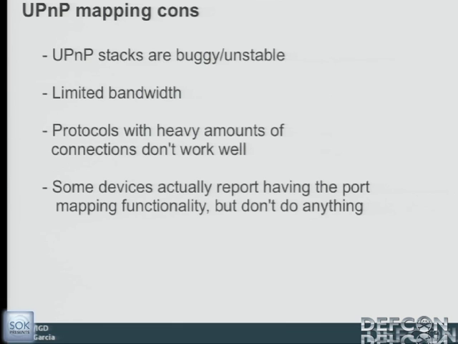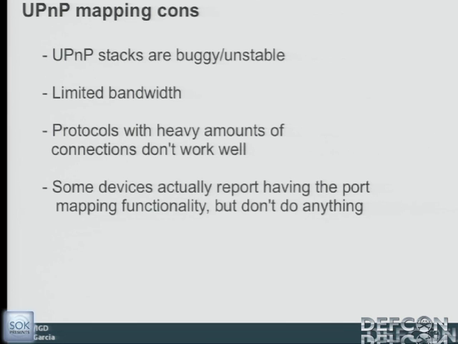The other thing is that obviously we have limited bandwidth because we're relying on the upload bandwidth of the devices. And also, we have problems with protocols that have a heavy amount of connections. I mean, we can use UPnP mapping for maybe mapping ports for SSH, maybe some web requests. But if you get something like torrent or whatever, obviously it won't work that well. I mean, if we have only a limit of 150 or 200 mappings at a time, it's just not going to work.